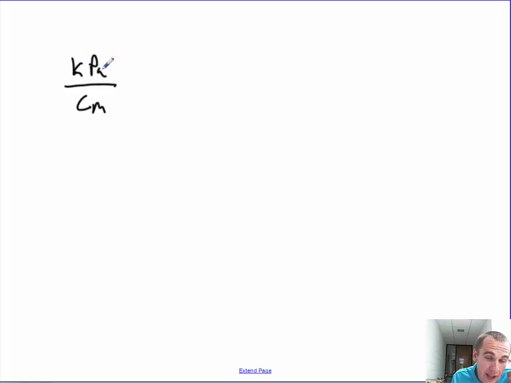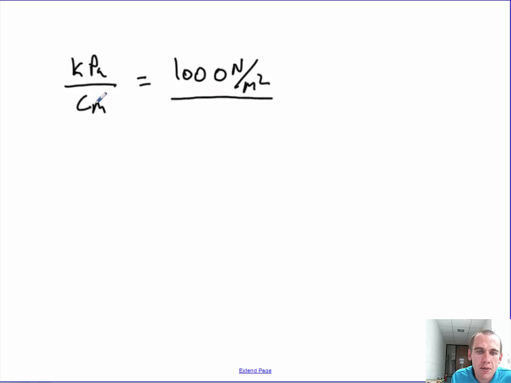So if I had kilopascals, what I really have is 1,000 newtons per meter squared per centimeter, but I don't want centimeters because I have meters up here now, which means I'm going to use 0.01, right? 0.01 meters is 1 centimeter. So I divide 1,000 by 0.01 and I get 100,000 newtons, and this meter squared divided by a meter is a meter cubed.